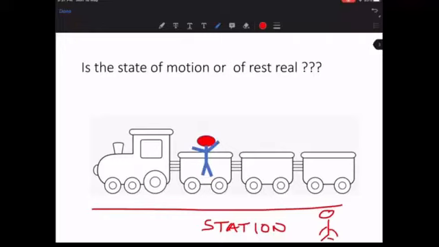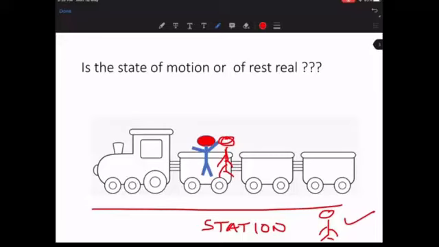Are you moving with respect to him? He will feel that you are moving along with your friend. So both of you are moving. But no, you two are not moving. You two are at rest.